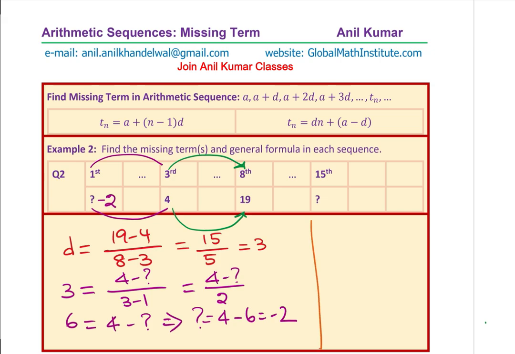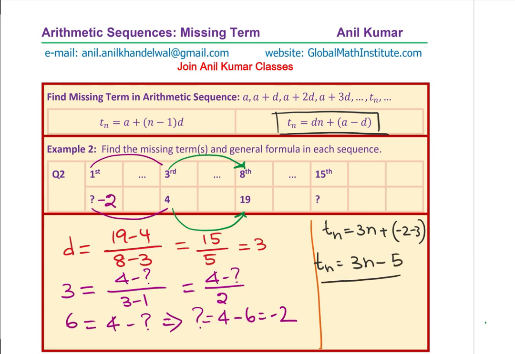And now we can find the nth term. So let's write down the nth term. We're going to use this particular formula right there, which is product of d times n, d being 3 for us. So we get 3n plus a minus d. So a is minus 2 minus d, which is minus 3. So that makes it minus 5. So Tn is 3n minus 5.